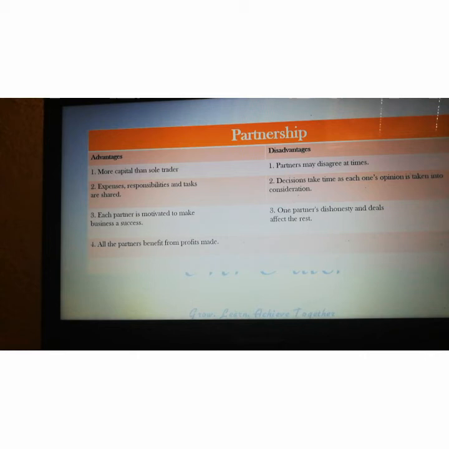It's similar to any kind of work environment where you work in teams. If one is pulling one way and the majority is pulling the other way, it affects the overall performance of the team.